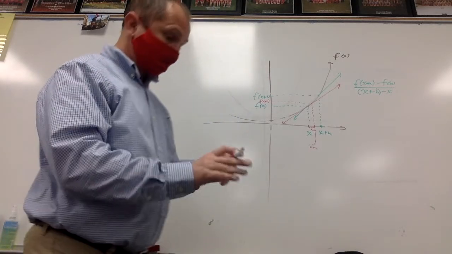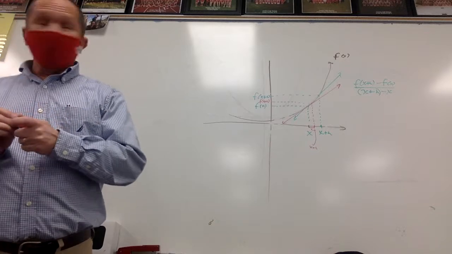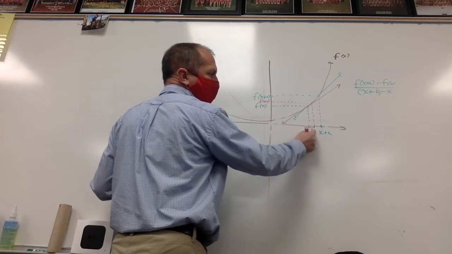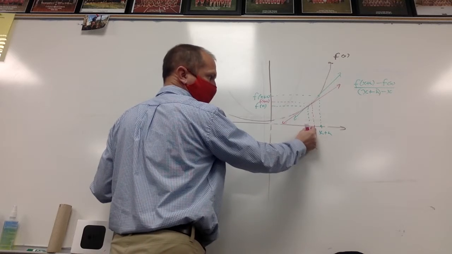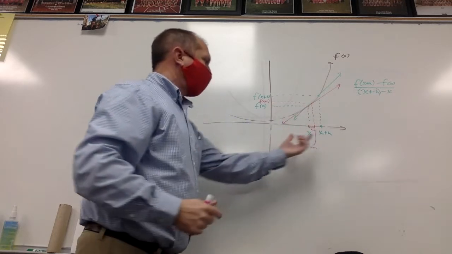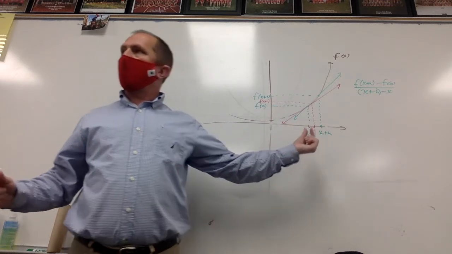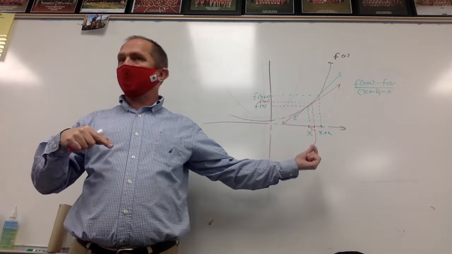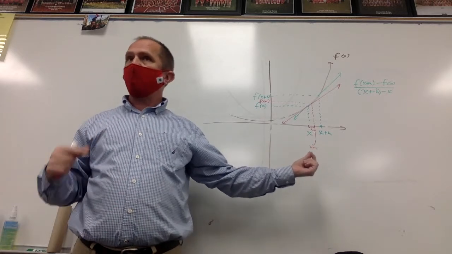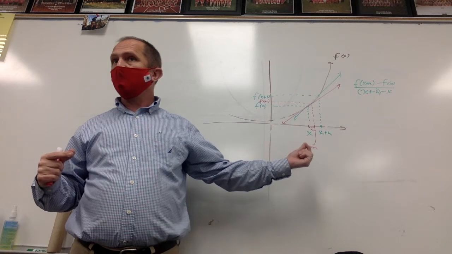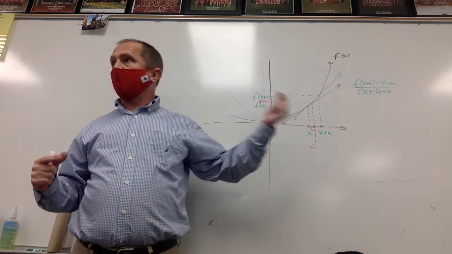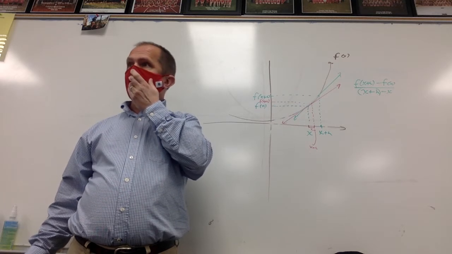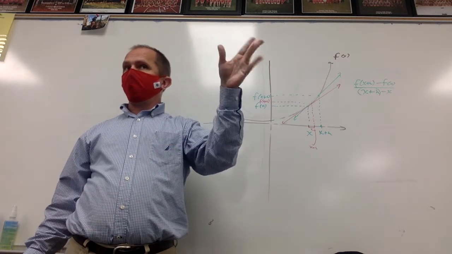Now, I could do even better than that. And I could do even better than that by moving this value in just a little bit closer. So the closer my 2 points are together, this x and this x plus h, the closer those 2 points are together, the closer I'm going to be to my slope, because I'd still have 2 points, could figure out my slope from it.